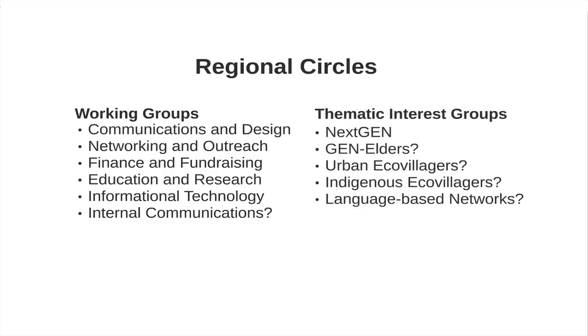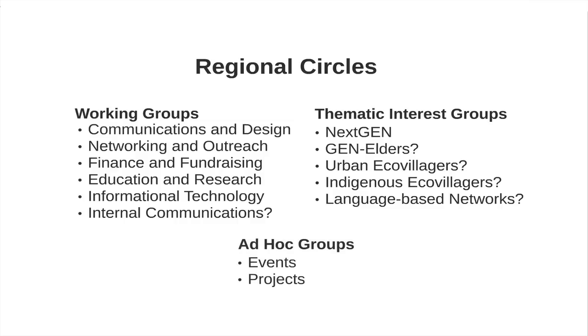And a fairly recent idea is also to support what some are calling thematic interest groups. I guess we can call them TIGs. These are for people to come together around a particular population within our network to support each other. NextGen is considering whether this is a good fit for them, and there's other possibilities as well.